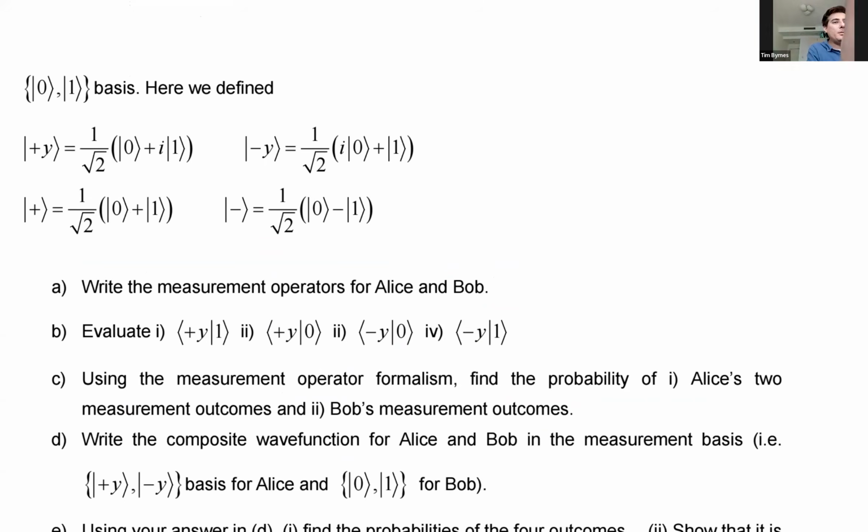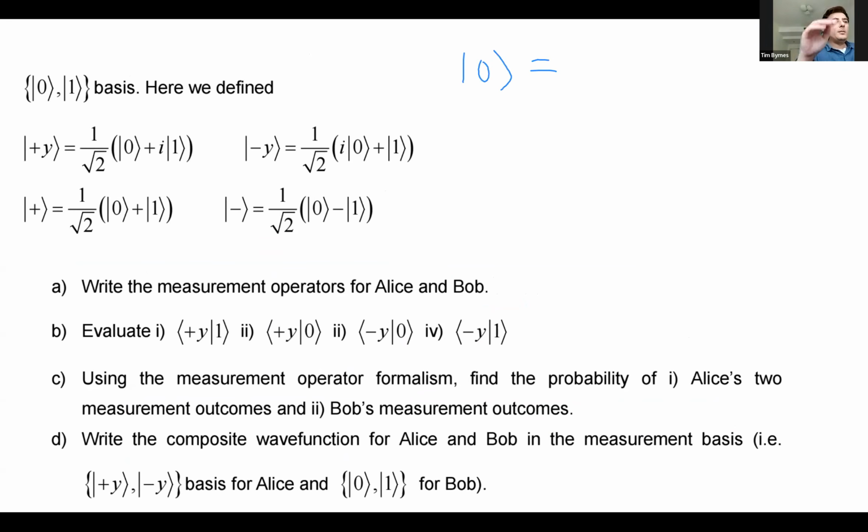So we need to write 0 in terms of plus and minus y. What we can do is, for example, if we multiply this equation here by minus i, and then we add the two, then this term will cancel out, right?